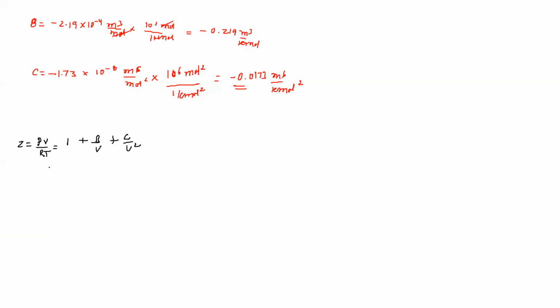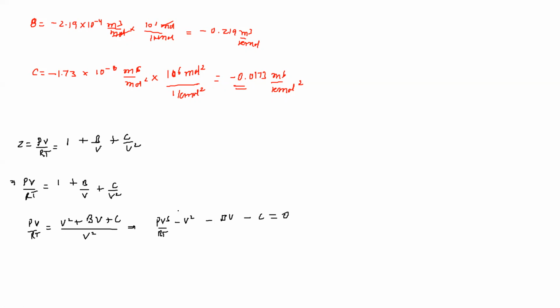So PV by RT is equal to 1 plus B by V plus C by V square, which can be written as PV by RT times V square equals V square plus BV plus C. This can be written as PV cube by RT minus V square minus BV minus C equals 0.